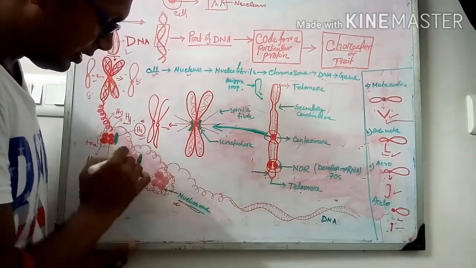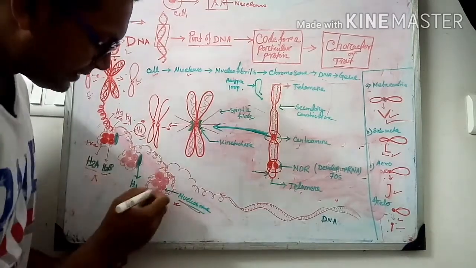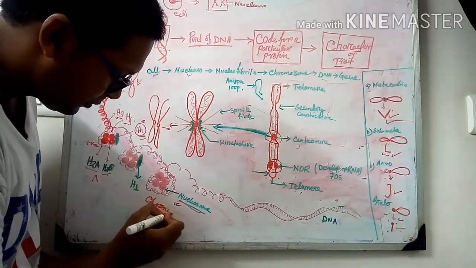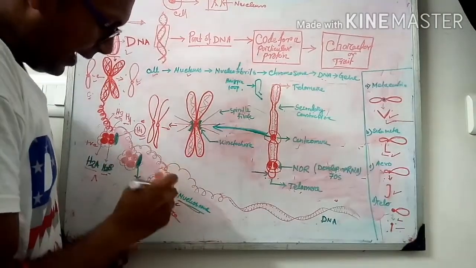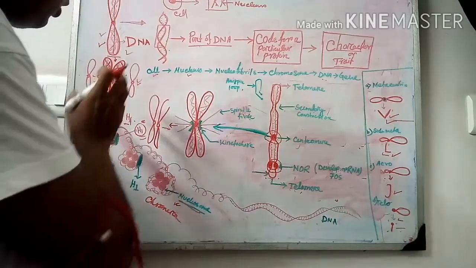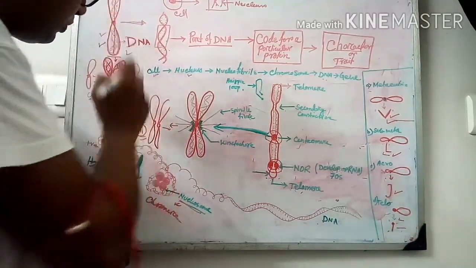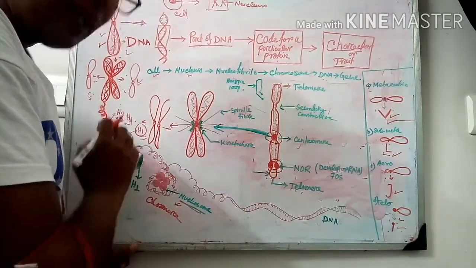These dense structures are called chromonema. So bead-like structures are chromomere, and the dense structures are chromonema. So I have already mentioned the 5 terms: chromosome, chromatids, chromatin, chromomere, and chromonema.